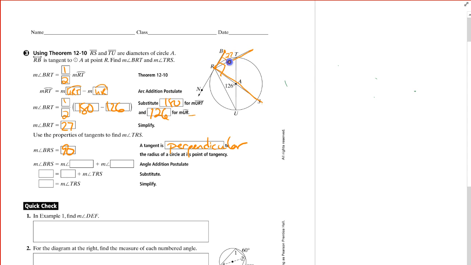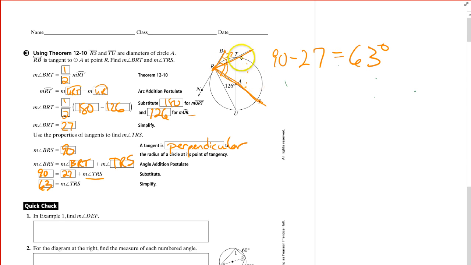So this whole right angle BRS is made up of BRT plus TRS, which would be saying that 90 equals 27 plus this angle that we don't know. With a little subtraction, we find out that this would be 63 degrees for this angle.